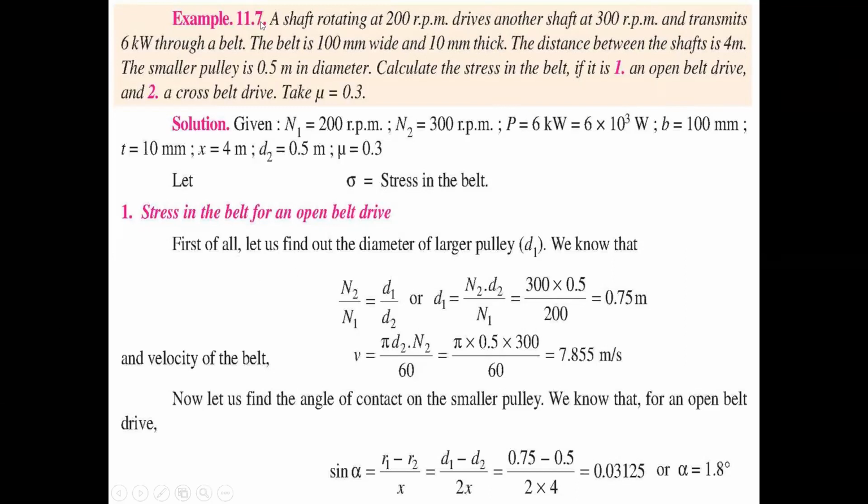Before going to solve the problem, first we have to write the given values. N1 equals 200 rpm, N2 equals 300 rpm, P equals 6 kilowatt, b equals 100 mm, t equals 10 mm, distance x between the pulleys equals 4 meters, d2 equals 0.5 meters, and mu equals 0.3.